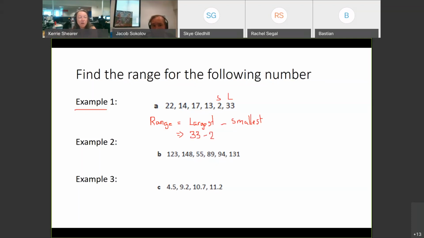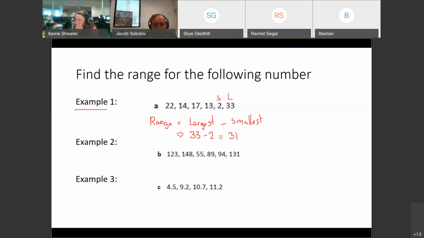Because just telling me that it has a range of 31 doesn't tell me what it's between. Maybe my data went between 100 and 131. So we show what the largest and smallest is and then write the answer. Which is why we get you to bring an exercise book. A good thing to do when you're watching the recording is write down the examples.